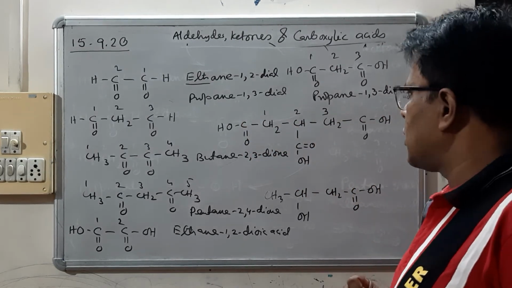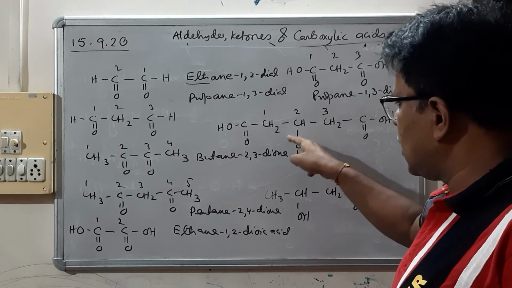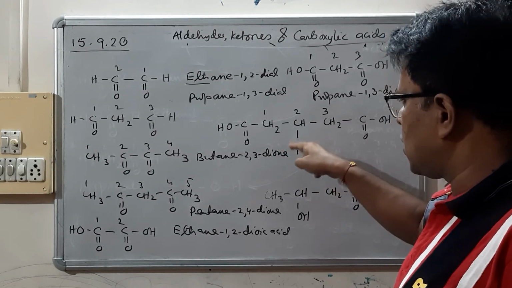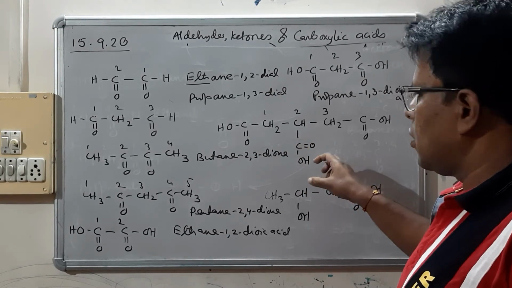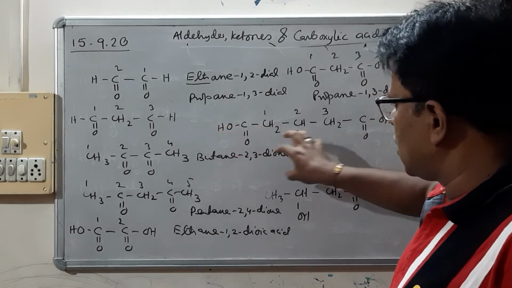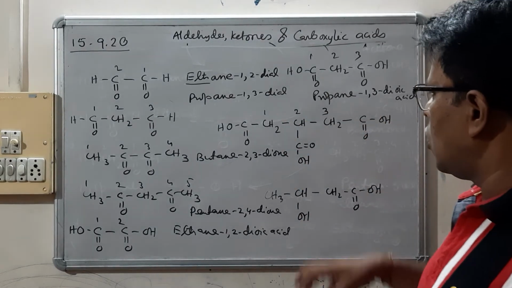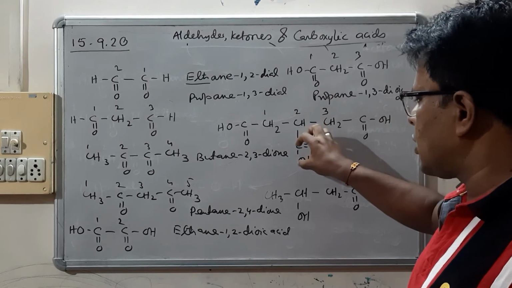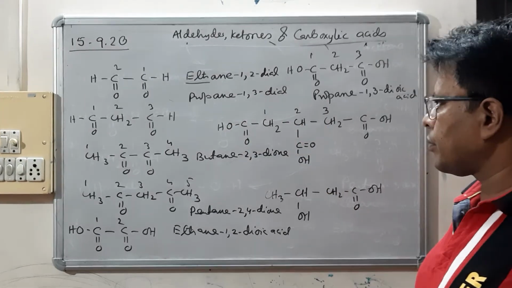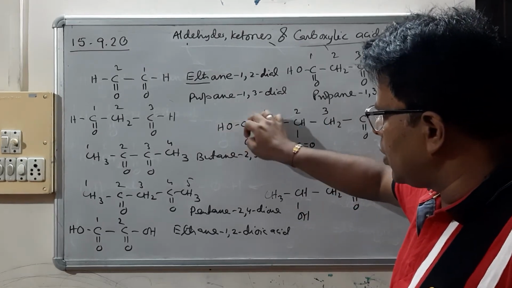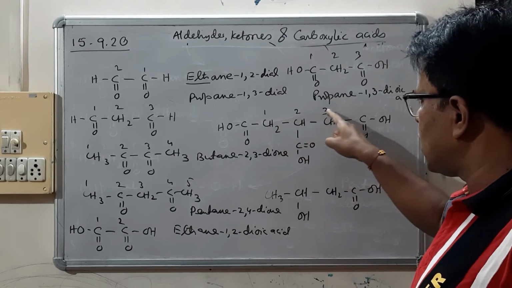It is because if we take 1, 2, 3, 4, 5, then this COOH will become a substituent. We cannot make this COOH a substituent because this COOH, this COOH, this COOH are of the same type. So we cannot make only this one a substituent. If we have to do, we have to make all of them substituents. That means we have to give the same treatment to this one and this one. To do so, we are taking only this much as a chain.